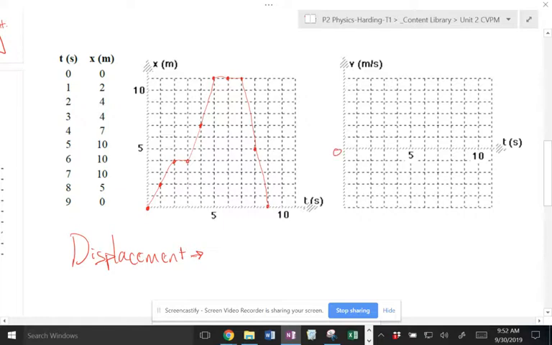Alright, I'm graphing. 1, 2, 3, 4. -1, -2, -3, -4, -5. It's going 2, then it's going 0, then it's going 3.